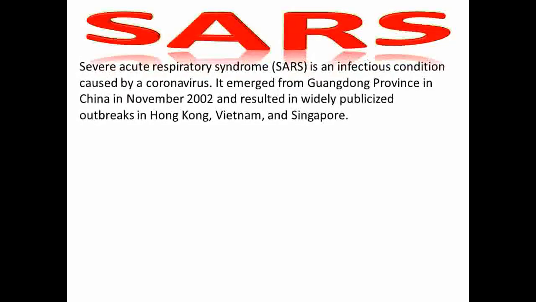Now SARS, Severe Acute Respiratory Syndrome, is an infectious condition caused by a coronavirus. It emerged from Guangdong province in China in November 2002 and resulted in widely publicized outbreaks in Hong Kong, Vietnam, and Singapore.